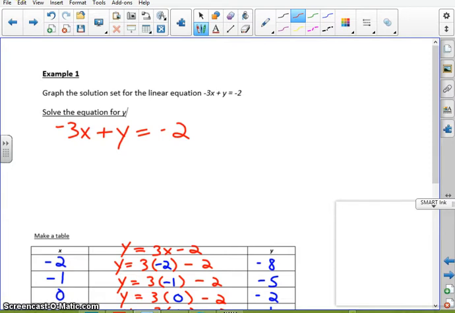To get y all by itself, all I simply need to do is get rid of this -3x. So to do that, I'm going to add 3x to both sides of my equation.